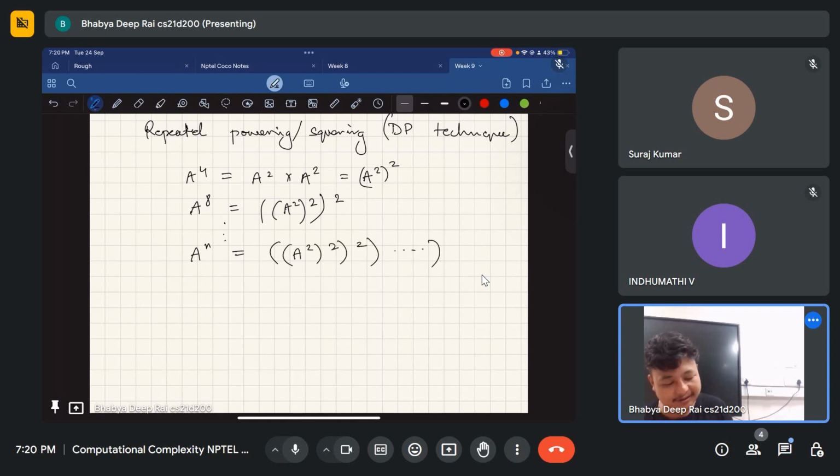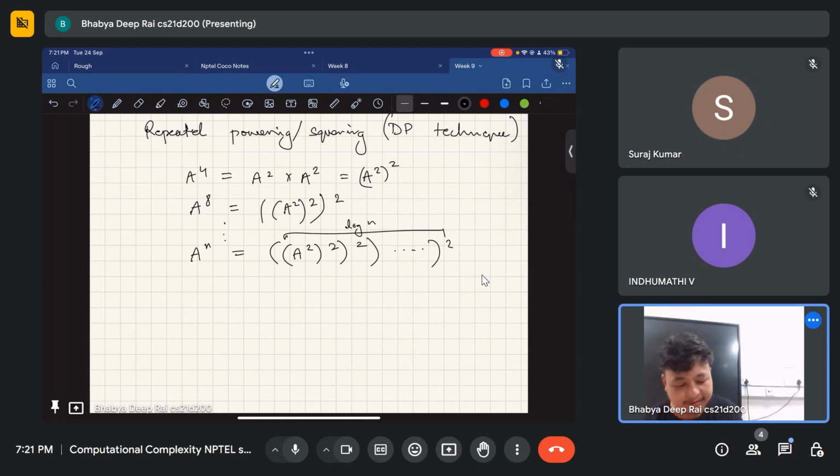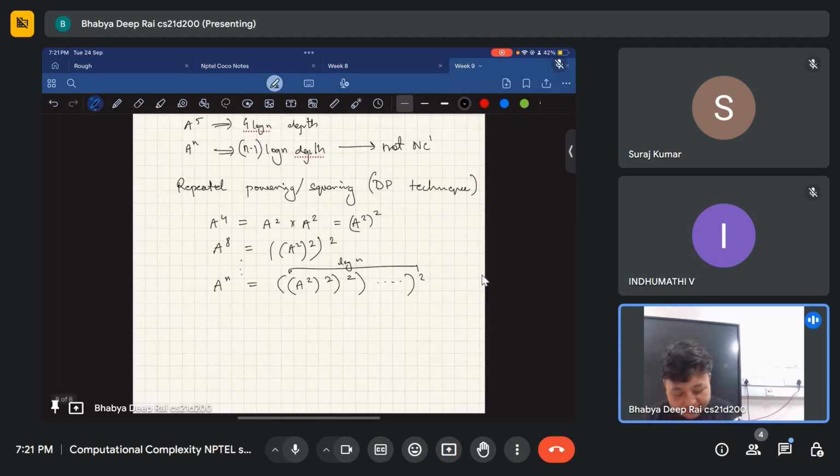You keep doing this squaring. And how many times do you need to square? Maximum log n times. Exactly, log n times. And this is the idea that we will use. Okay, and it works for matrices also. Works for matrices.